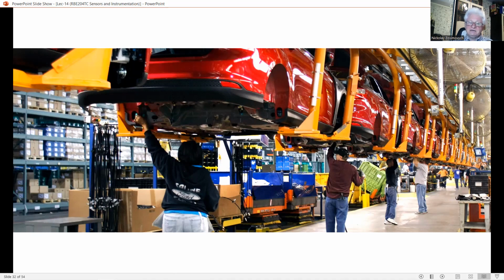Fourth, high sensitivity to control input. Fifth, low error, for example, tracking error and steady state error, or accuracy. And sixth, reduced coupling among system variables, like cross-sensitivity or dynamic coupling.